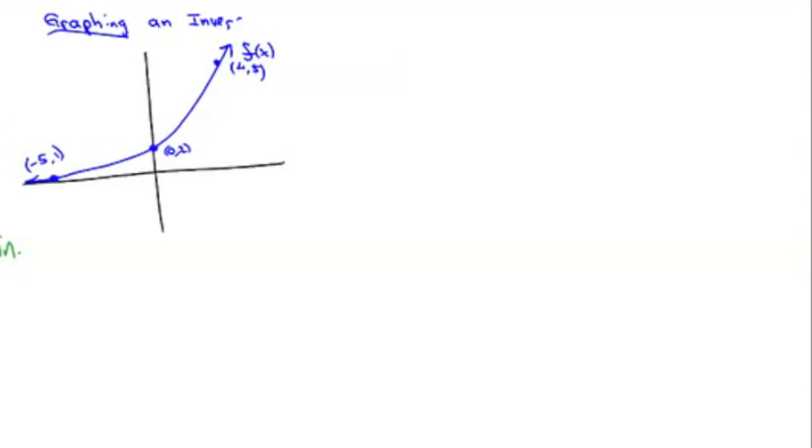If you're going to find the inverse function, what do you do to the domain and range? Flip them. So you take each one of these coordinates and flip it. So if you flip it, negative 5, 1 becomes 1, negative 5, someplace way down here. 0, 2 becomes 2, 0, which is right about here.